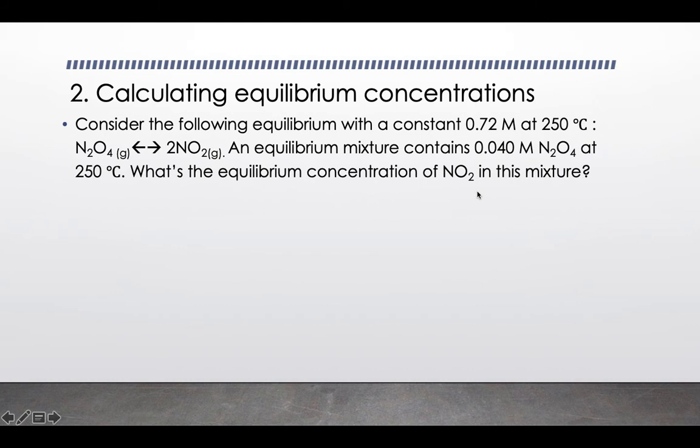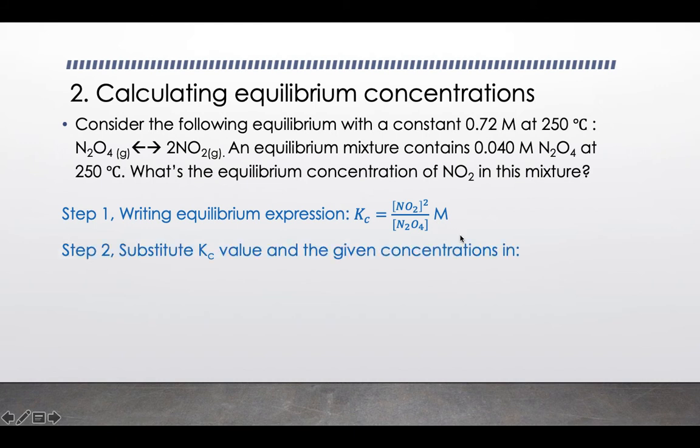Okay, so our approach is again starting with writing out the equilibrium expression. In this case, we have a unit applied. Okay, and then we substitute the Kc value that's given and the concentrations that are given into this expression. So Kc equals 0.72 and for N2O4, the concentration is 0.04. Okay.